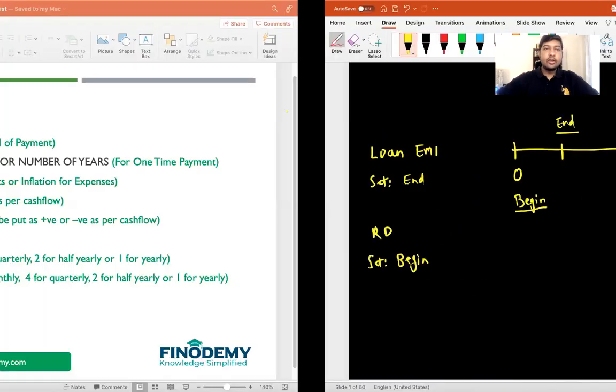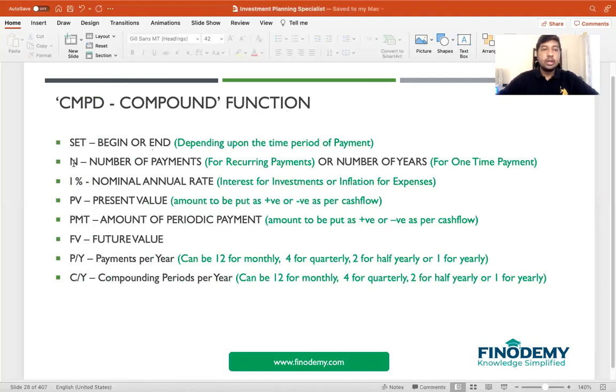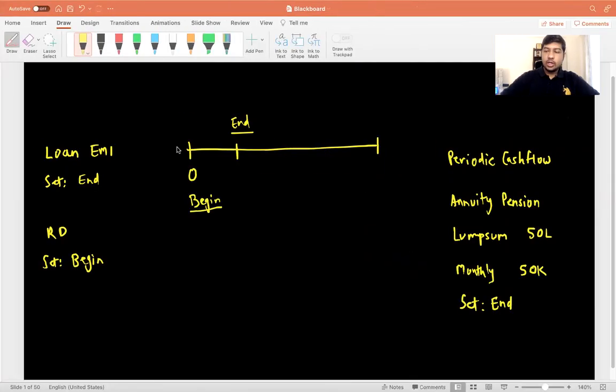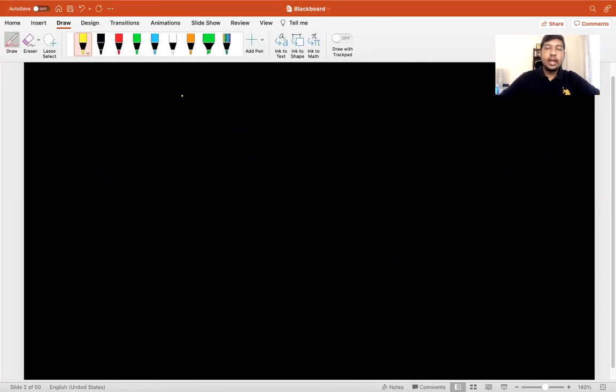Going back to the other fields of the compound function, the second field, which is N, that stands for number of payments. Now, if you actually look at any kind of investments or any kind of cash flows, either the cash flows could be recurring in nature, or the cash flows could be one time in nature.